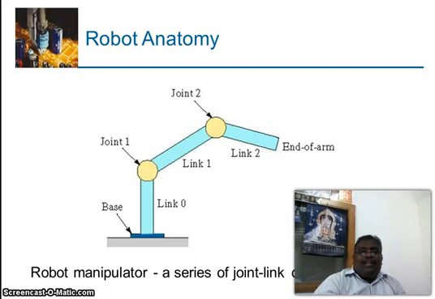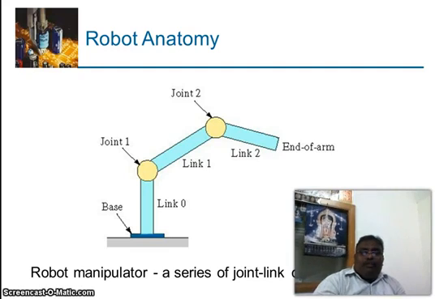This is a robot anatomy. Here a 2 degree of freedom robot manipulator is shown, with joint 1 and joint 2, only 2 joints. Normally an industrial robot is a static robot, so the base is fixed in one place.